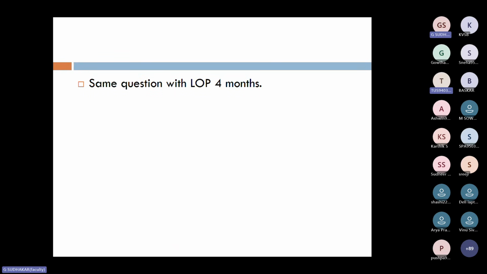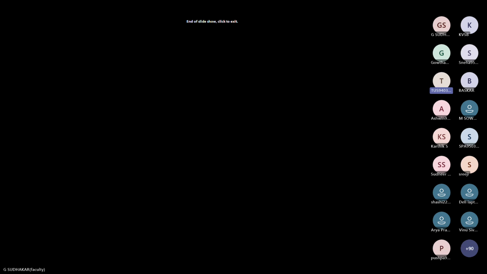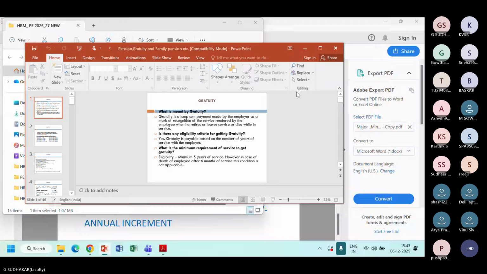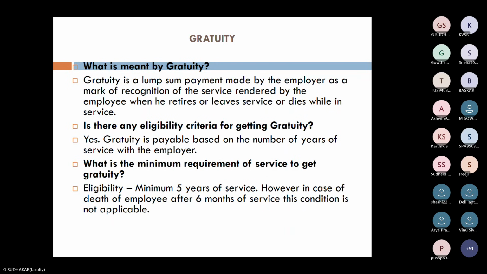Sir, can you bring the slide to the gratuity slide where the scheme write-up was? Next.